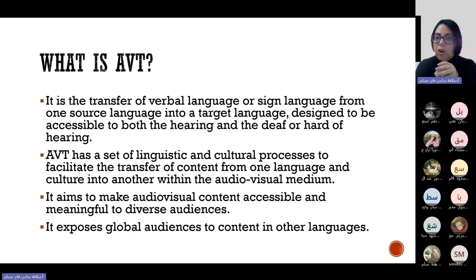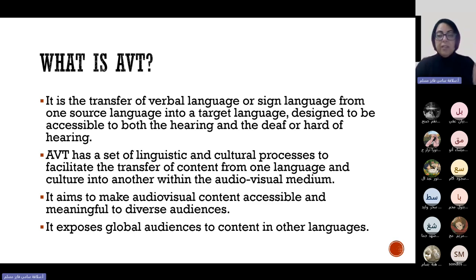Sign language here means all of these sign languages need to be translated. It is designed to be accessible to both the hearing and the deaf or hard of hearing. Not only people who can hear very well benefit from audiovisual translation. Okay?